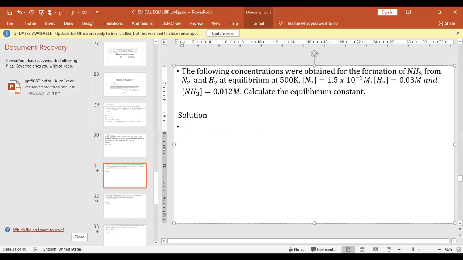What will be the equation? We have N2. Lisa also gave us an answer, so Lisa, give us the balanced chemical equation, then we can proceed.